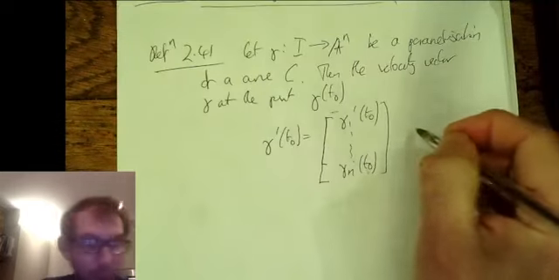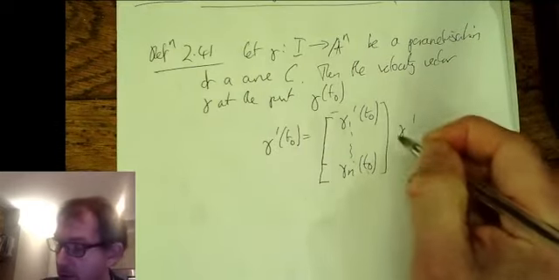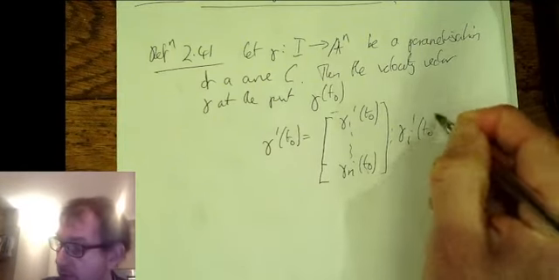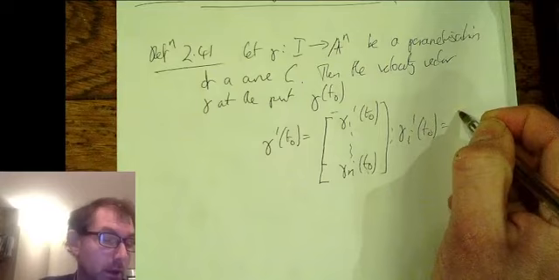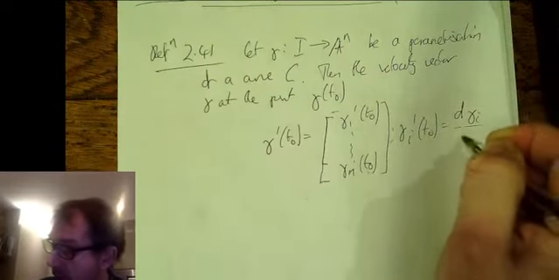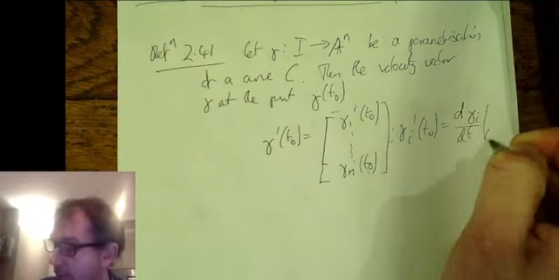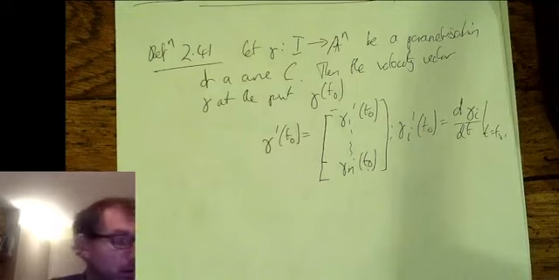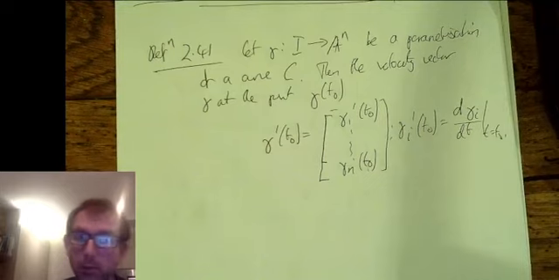Okay, so just to clarify, that means that gamma i dashed of t0 is d gamma i by dt evaluated at t equals t0. Good.